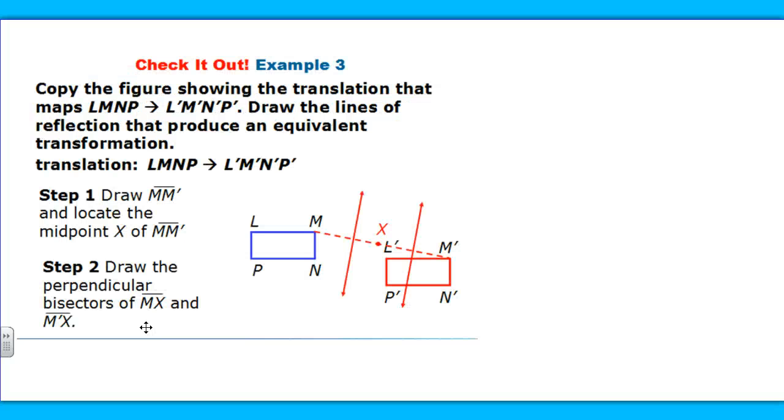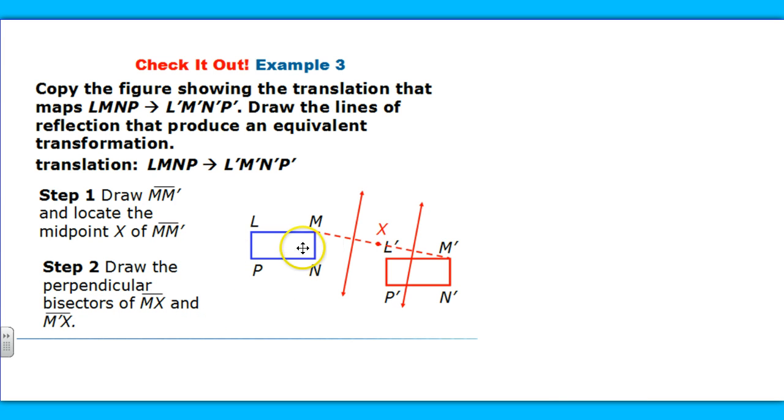Example 3. In this, a figure has been shown to be translated from LMNP to LMNP prime. Notice the lines of reflection that produce this transformation, isometric transformation, right?